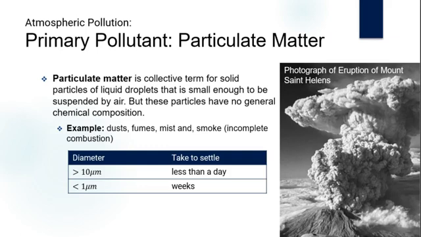Particles whose diameter is greater than 10 micrometers take less than a day to settle, while particulate matter with less than a micrometer in diameter can take weeks or even months to settle. Examples of these are dust, fumes, mist, and smoke, or the incomplete combustion of cars.